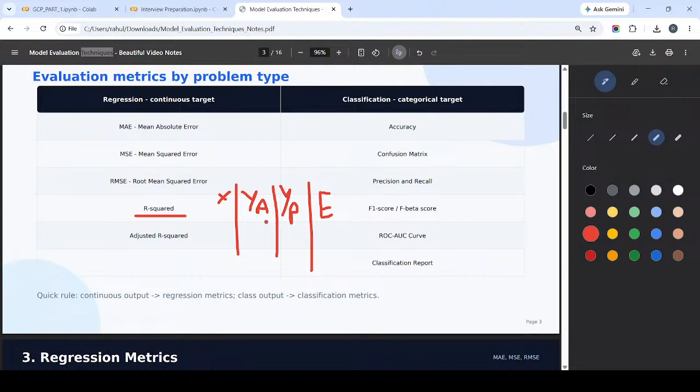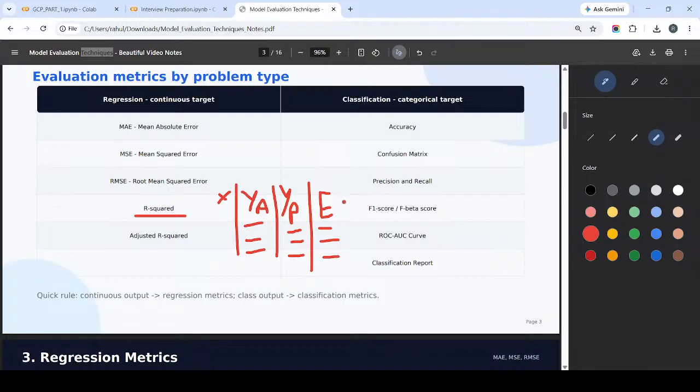For example, this is the total variance, say house price. Our model is able to explain some of the variance, meaning up to a certain extent we are able to identify the price, but still there will be some error.